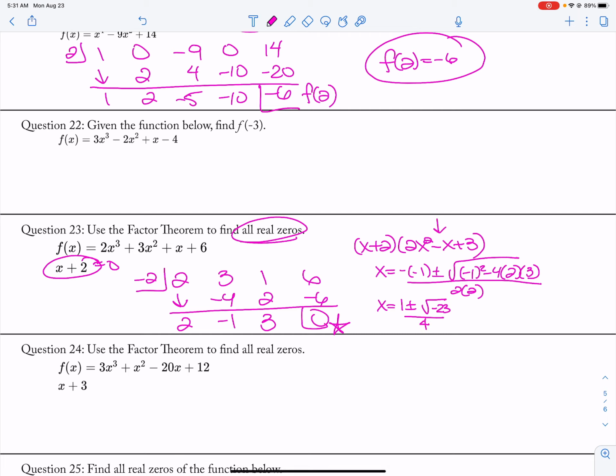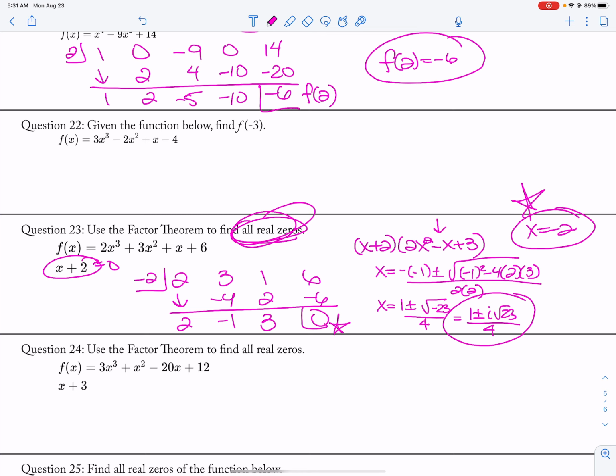And there's no more real zeros, so really the only zero that I have that's real is negative 2. Because this actually simplifies to 1 plus or minus i root 23 over 4. So the only real zero here is negative 2.